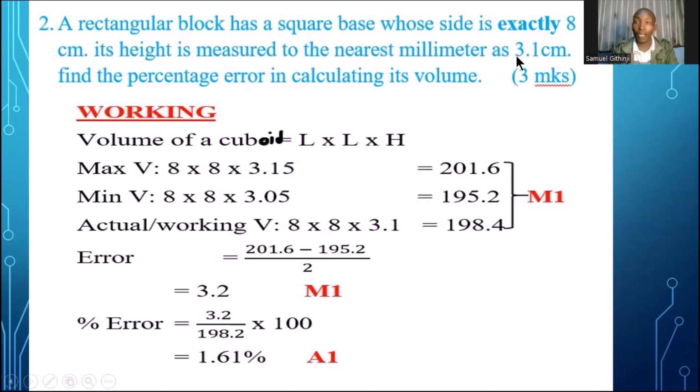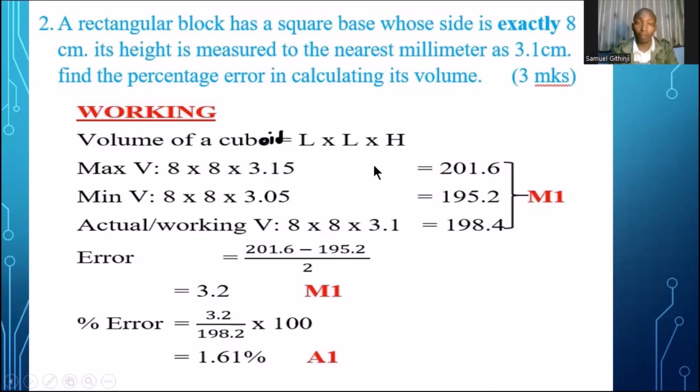The absolute error emanating from the measurement of the height here. Remember, the minimum length I can measure is 0.1. So a half of 0.1 is the absolute error that emanates from this measurement. So in each case, for the maximum I will add 0.05. And that's how I got 3.15.